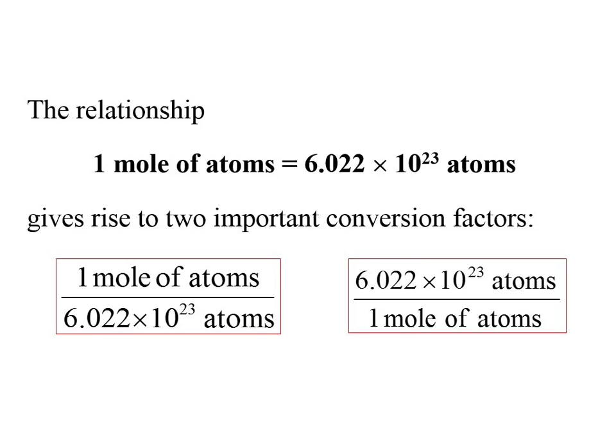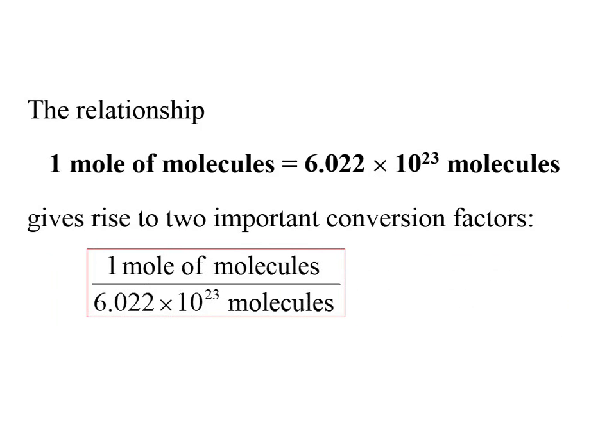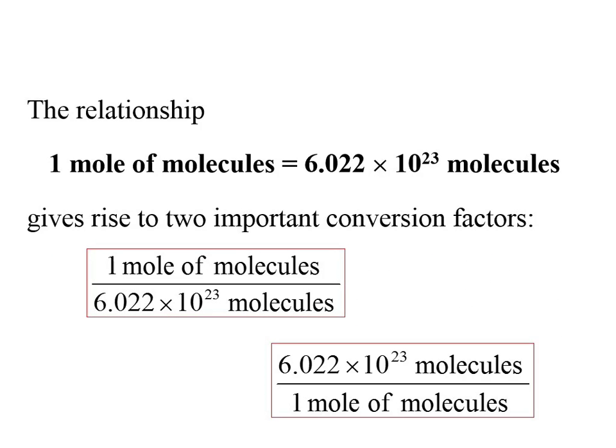Okay, so we talked about with regard to atoms of any element. If you have 1 mole of atoms, then you have 6.022 times 10 to the 23rd atoms. If you have 6.022 times 10 to the 23rd atoms, you have 1 mole of atoms. Okay, just scaling it up then. If you have 1 mole of molecules, you have 6.022 times 10 to the 23rd molecules. And we can come up with kind of the same pair of conversion factors.